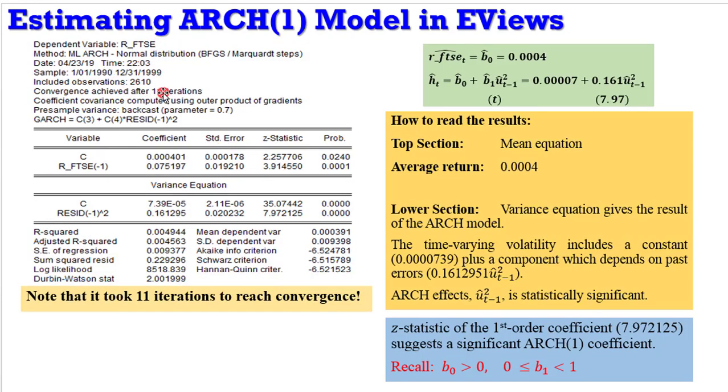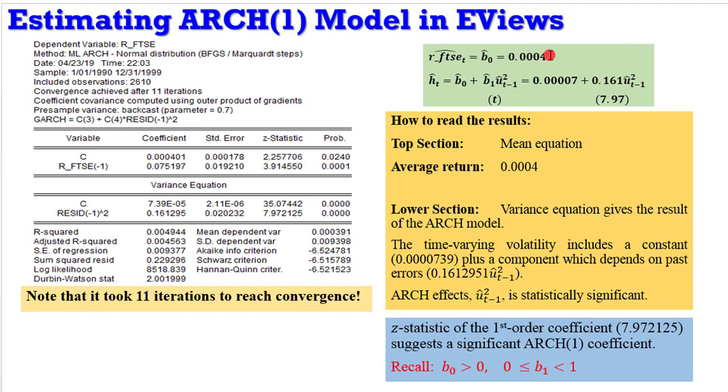So here we are. Here's the outcome of the ARCH-1 model as estimated. The upper part, as emphasized, gives you the outcome of the main equation, and the lower part gives you the outcome of the variance equation. Beta naught, given by C, the constant, is the mean value of the stock return, given as 0.0004, which I have written here.